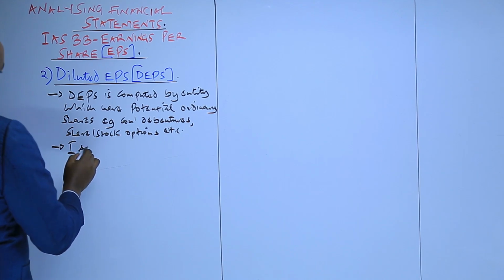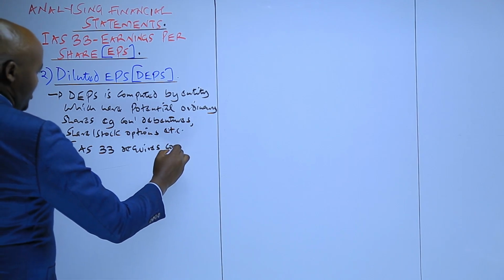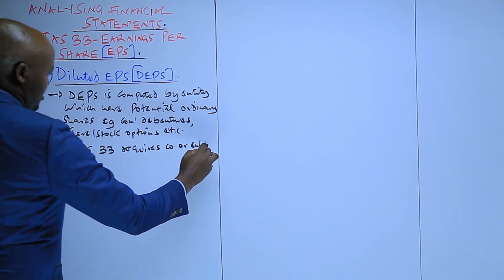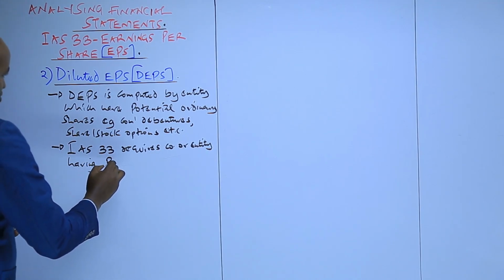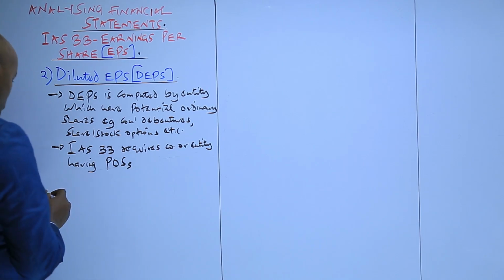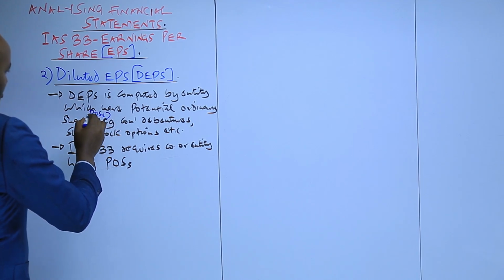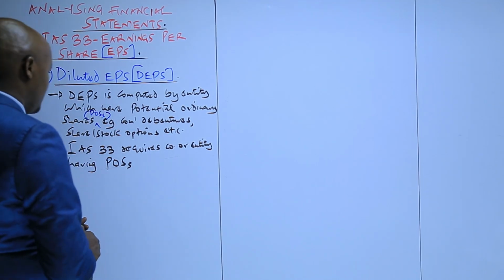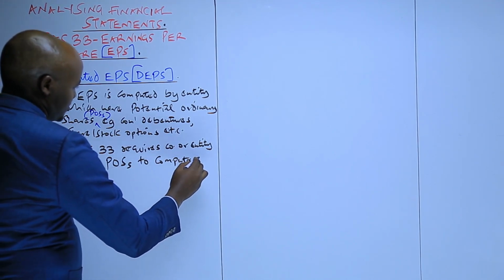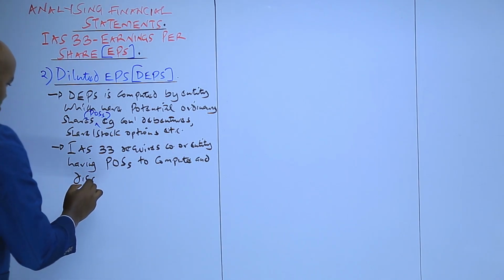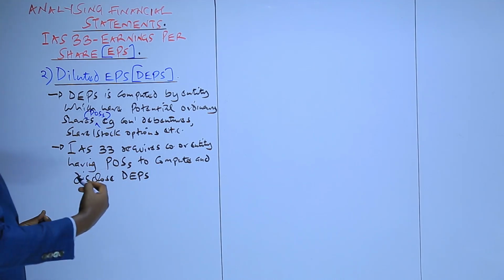So we can say IAS 33 requires companies or entities having potential ordinary shares, abbreviated as POS, to compute and disclose DEPS together with the basic earnings per share.